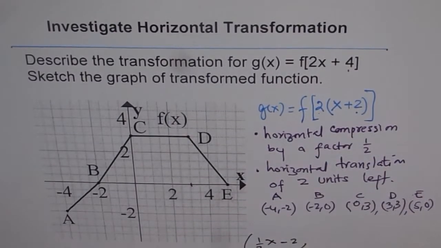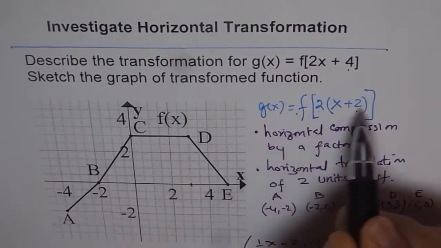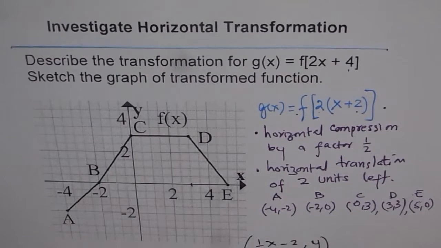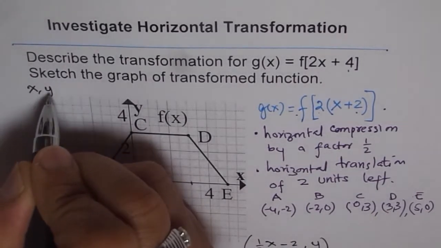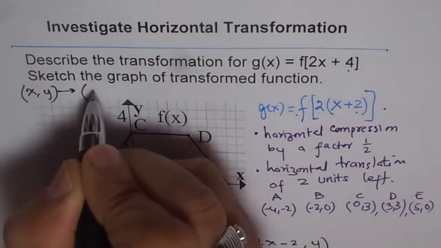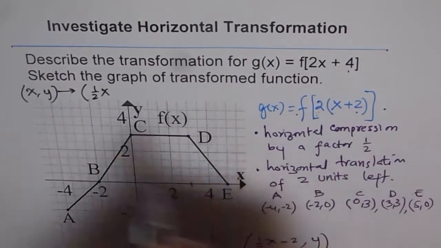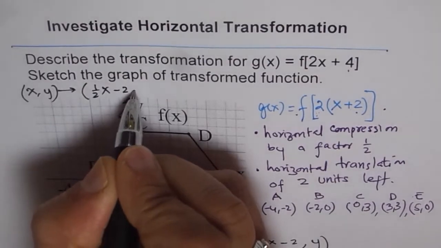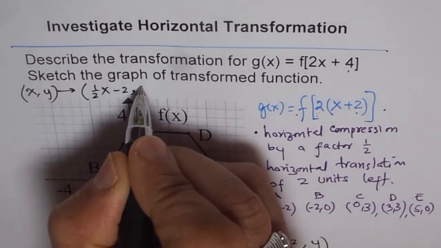How about the y values? The y values remain the same, since there's nothing outside. Do you see that? All the transformation is inside. So the transformation is from (x, y) to (x/2 - 2, y). The x is half the value, the reverse of this, then minus 2. Everything we do in the reverse order when it is inside the bracket, and nothing happens to y.